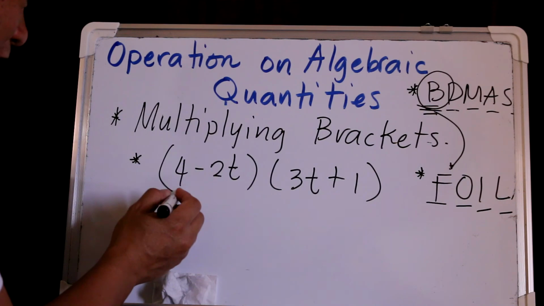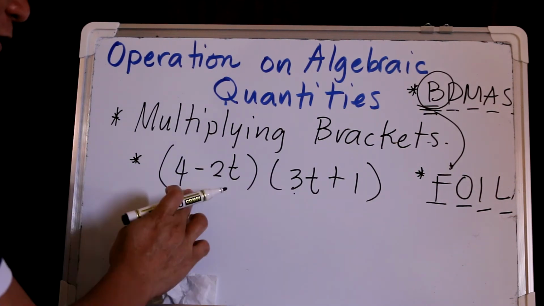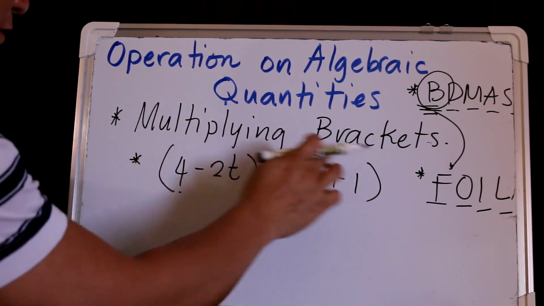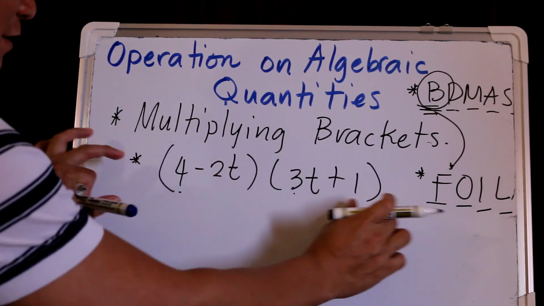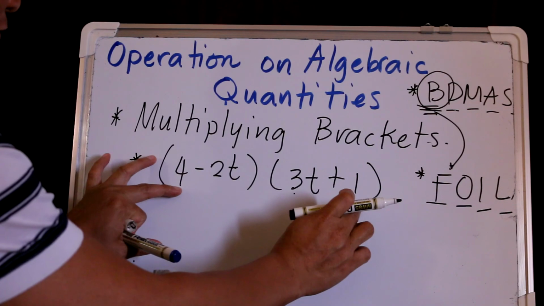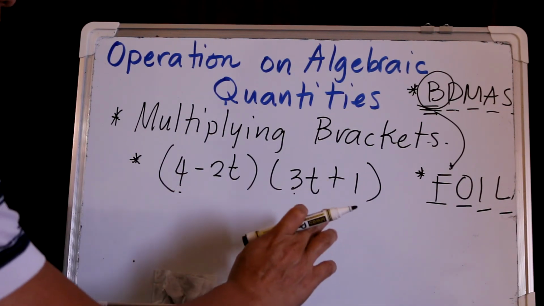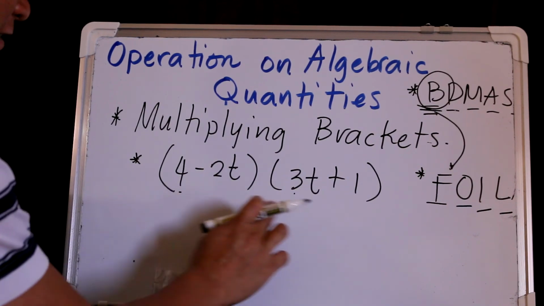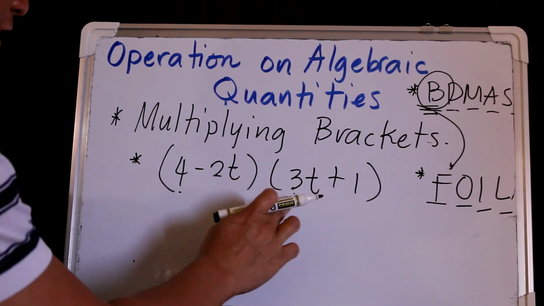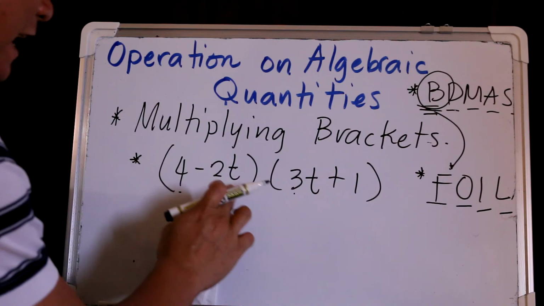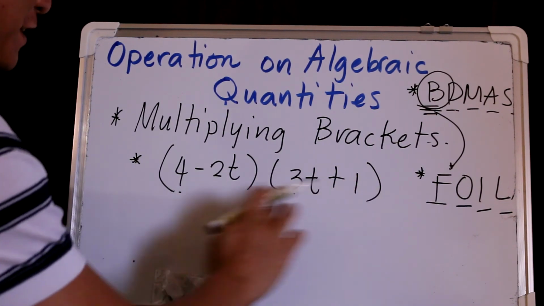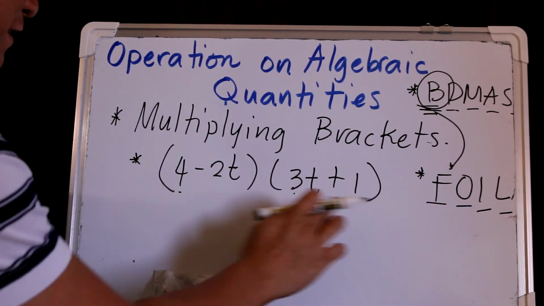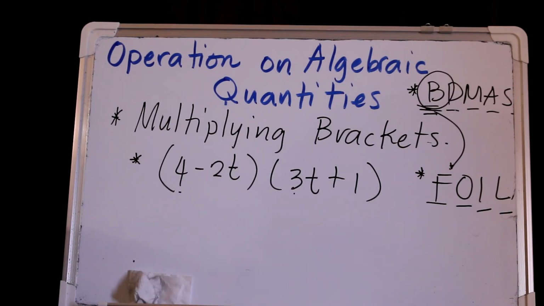So these are firsts terms. Then outer terms. So see, they are outside. So 1 and 4 here are outer terms. Then inner terms. 2t and 3t are inner terms. And lasts. So these two here. So that's what we are going to do. We call it the FOIL method.